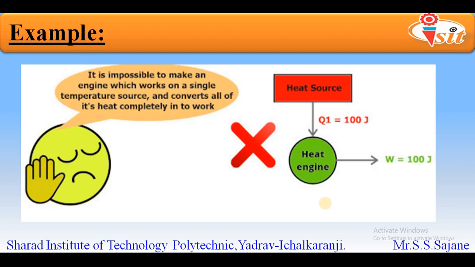So it will be partially converted, because we know that whatever the exhaust is given out of the engine through silencer, there will be some amount of heat energy which is rejected to the atmosphere through this silencer, as a result of which the silencer gets heated. So according to Kelvin-Planck statement, it is never possible that whatever the fuel we are providing to the engine, that fuel is entirely converted into equivalent amount of work.